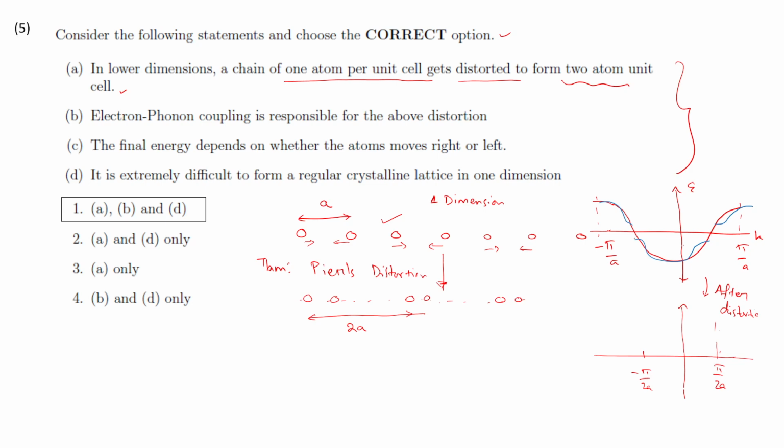So there will be a break in this periodicity. Here the energy will try to lower, and here the energy will split. That will happen because of this dimerization. Since some of the energy gets lowered, it will be more energetically favorable. So it will be something like this and something like this. This is the result of the Peierls distortion.